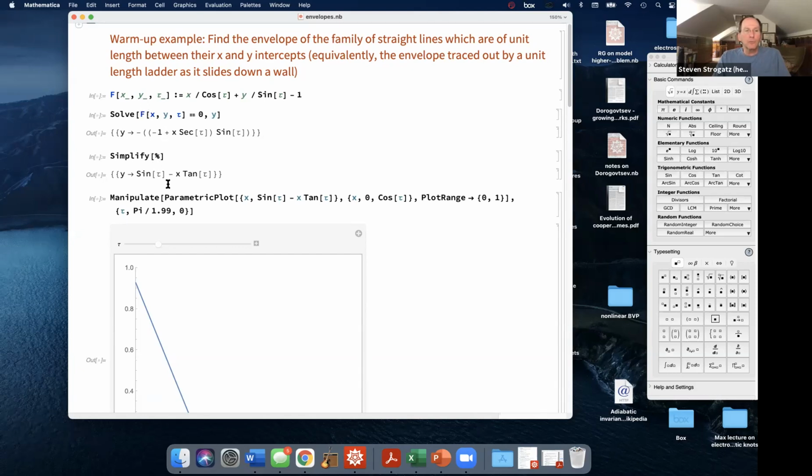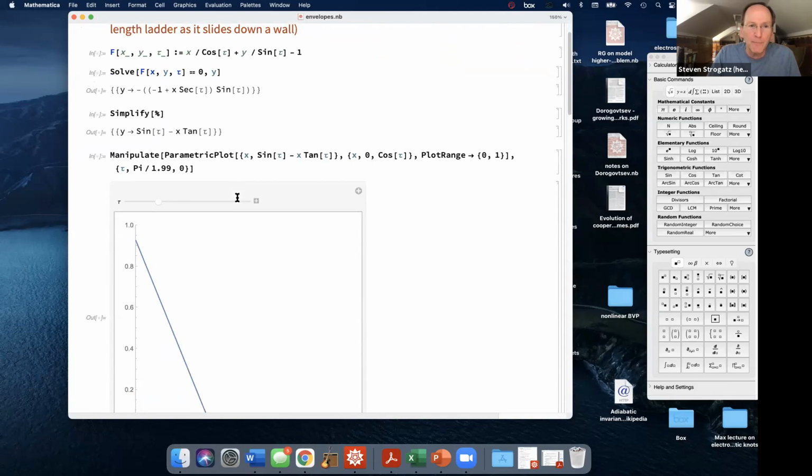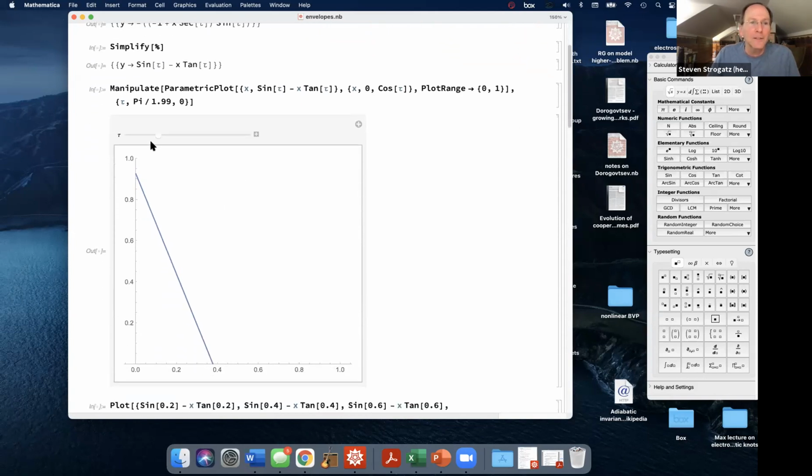I'm just going to make it possible to graph this easily in Mathematica. I've written it a certain way where I can now manipulate this slider, and you can see, as I say, this ladder sliding down the wall. Okay, so there's my family of curves.